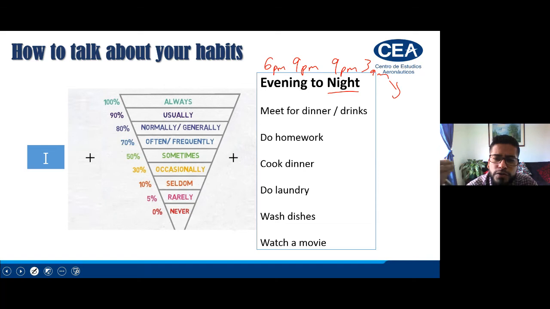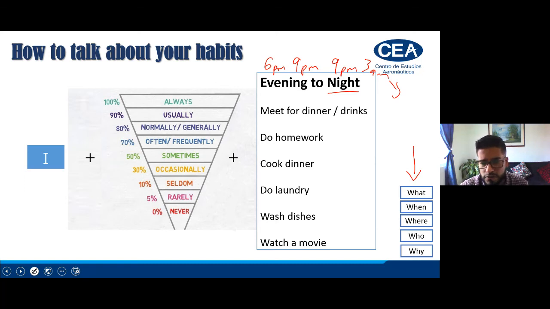So now, what do you do during the evenings and tonight? In this part, we can use these expressions: meet for dinner or meet for drinks, do homework, cook dinner, do laundry, wash dishes, and watch a movie. Maybe these expressions are very, very common, okay? So again, what we can do in this part is use the WH words in order to complete and extend our answers.